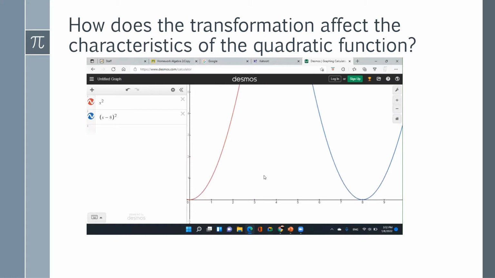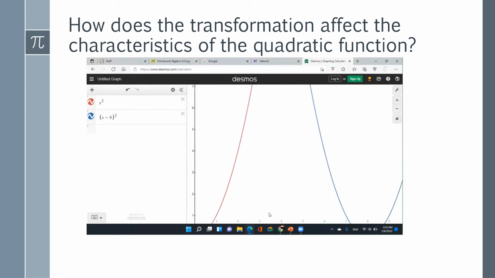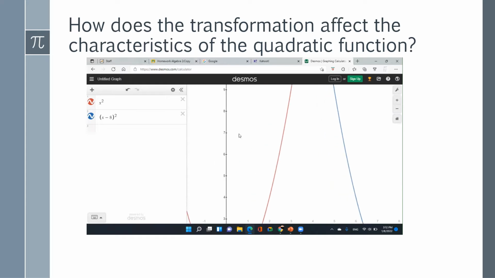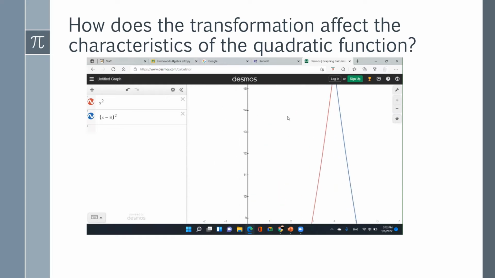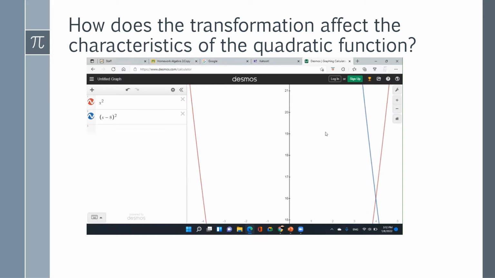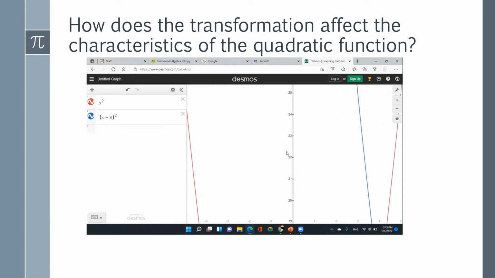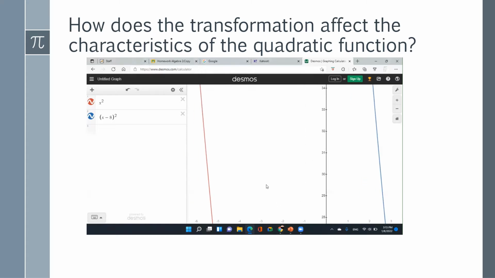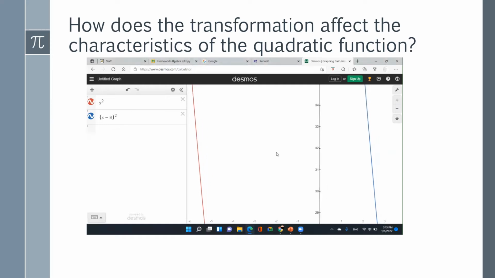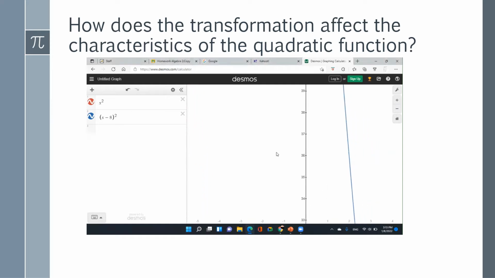So far it just moved everything. So the domain is all the same, the range is all the same. But as we keep moving around, as I keep showing you how the graph keeps going, we're going to find out it does something different.